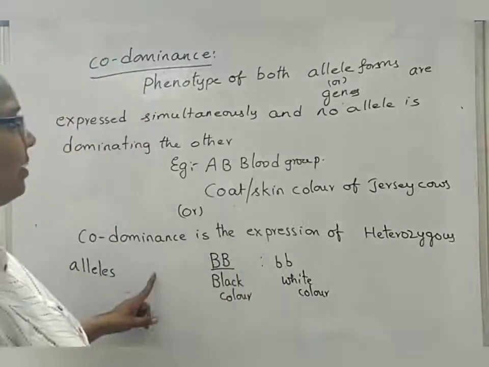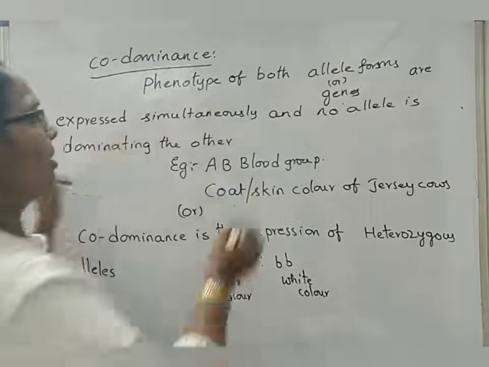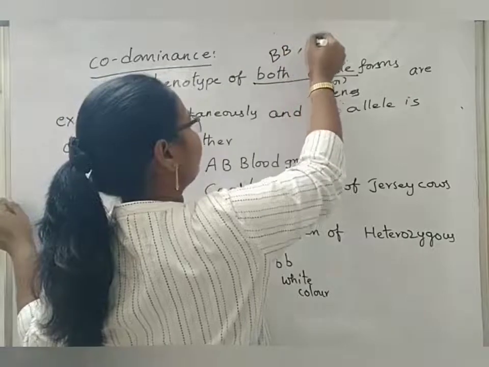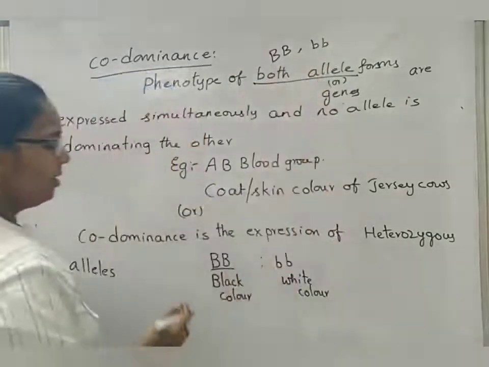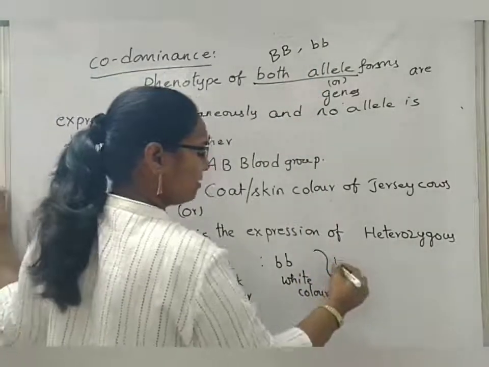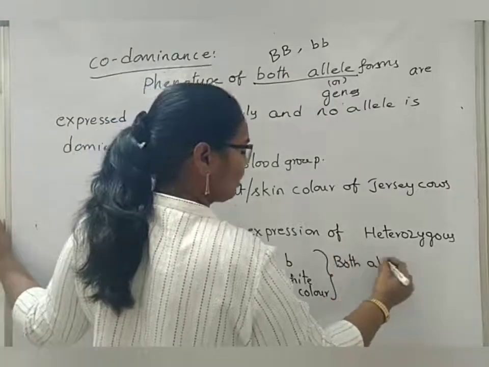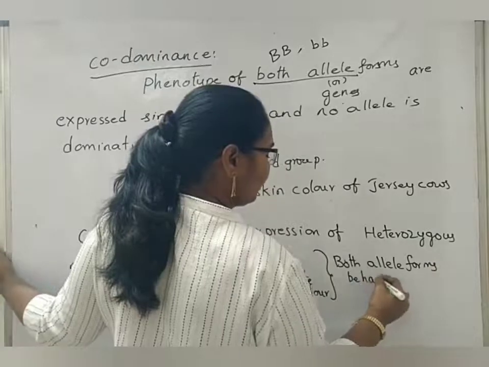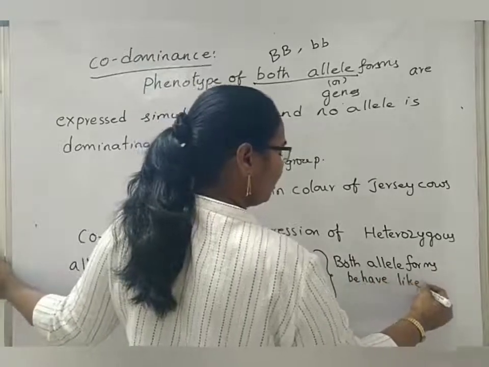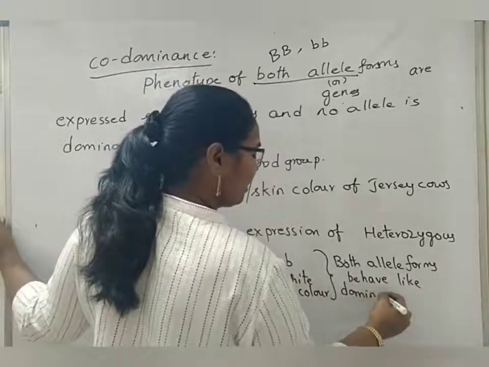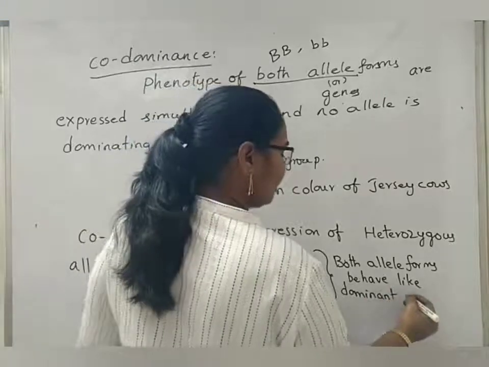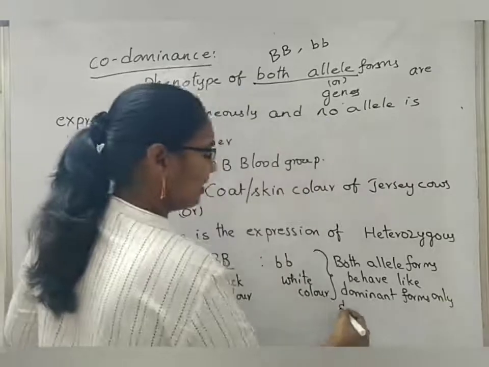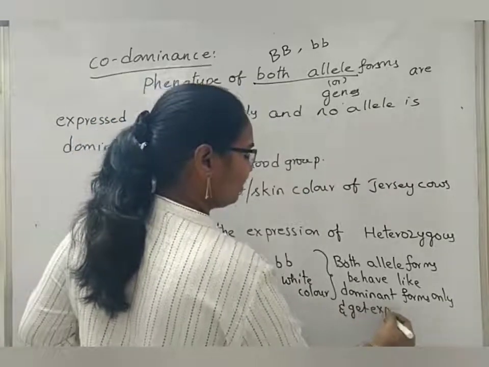So whenever we write both alleles, we can represent them like this. We can also write that both allele forms behave like dominant forms only and get expressed.